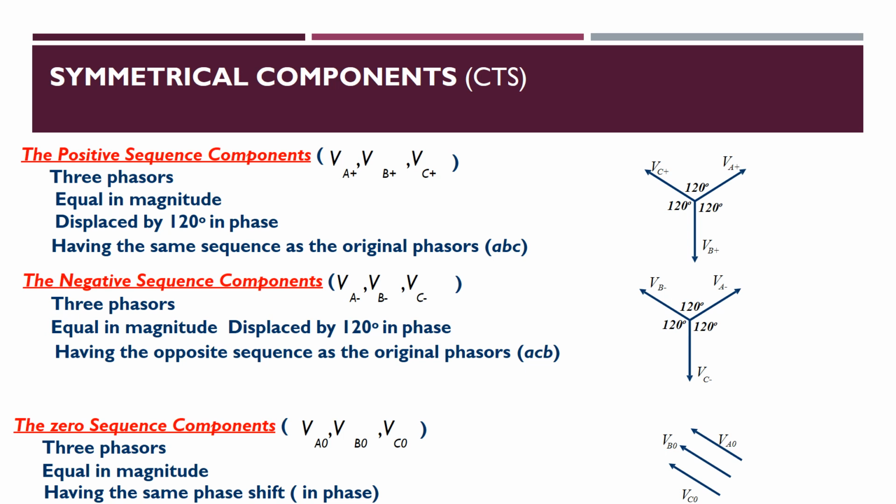These are three phases, each equal in magnitude and displaced by 120 degrees, having the sequence A, B, C. That is the positive sequence. And the negative sequence, you see, is A, C, B. The zero sequence is in this way, right?